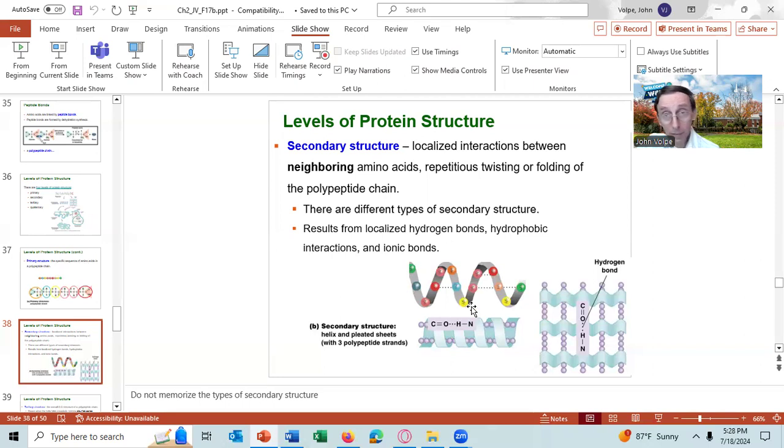But there are other interactions that can happen in the secondary structure that happen between nearby amino acids. Like these two are not attracted to each other. They're actually repulsed from each other. And that's why they're away from each other. This repulsion could be that this is a non-polar amino acid, and that's a polar amino acid. They don't like being together, so they'll be repulsed from each other.